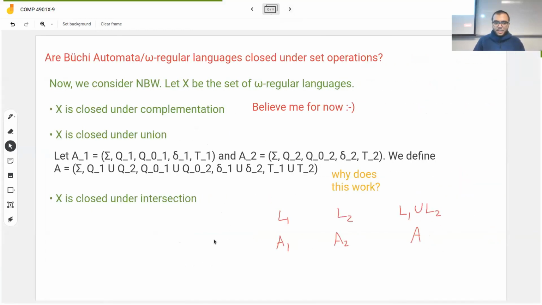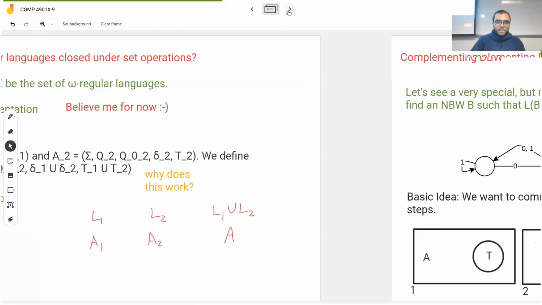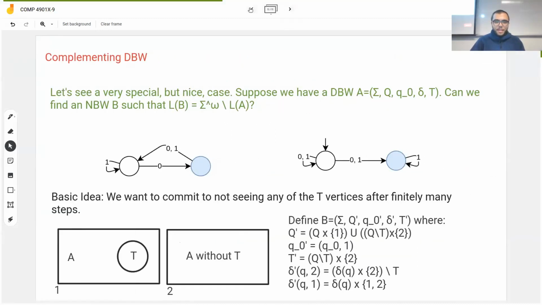So you see, in some sense, non-deterministic Büchi automata are kind of nicer to work with, right? Because we can complement them, we can take unions, we can take intersections, and they're more expressive as well. So we want to focus mostly on non-deterministic Büchi automata.